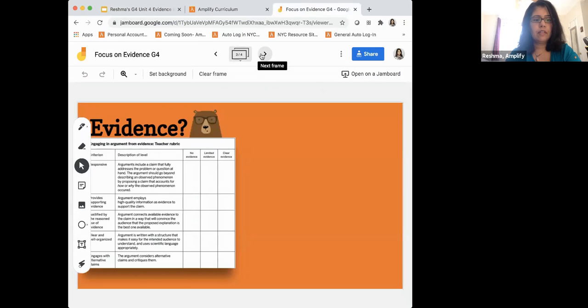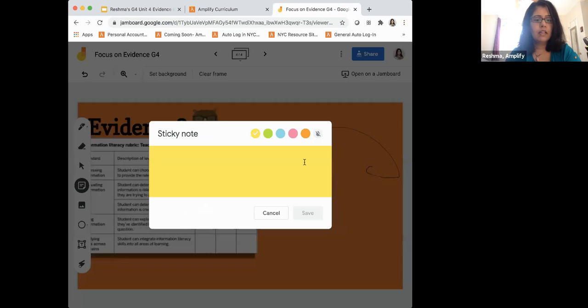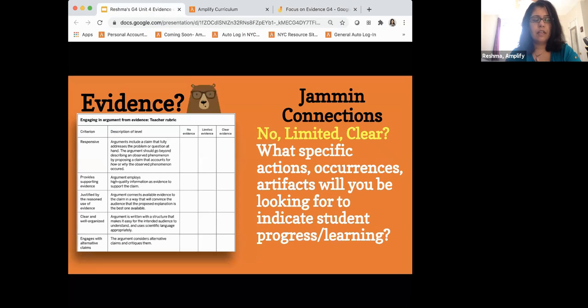There's a place for you to note. Remember on Jamboard, not only can you use a sticky, you can also use a pen. So if you want to make connections, you can do that and post your sticky. I'll give folks a few moments to do that. Take a look at each rubric and indicate what specific actions, occurrences, artifacts you would look for to indicate student progress along that indicator.